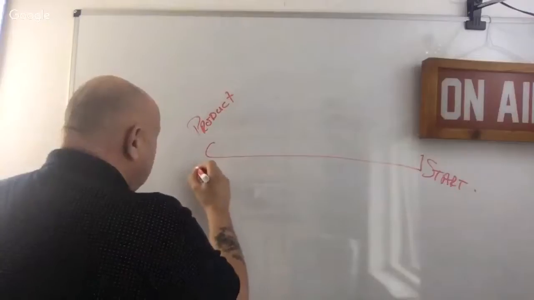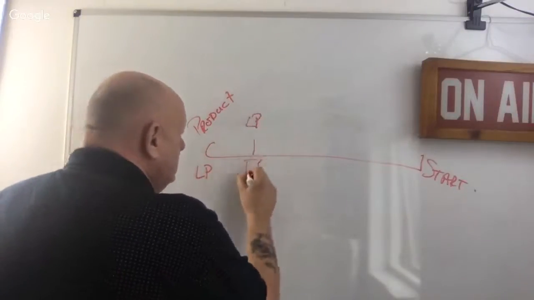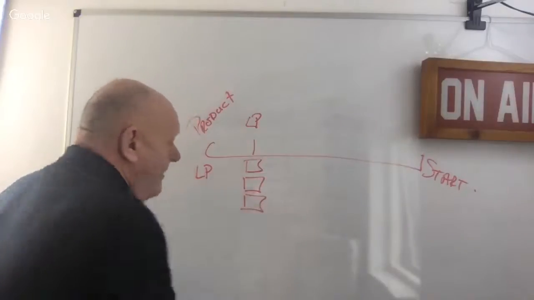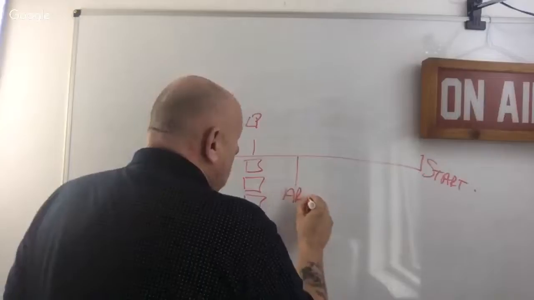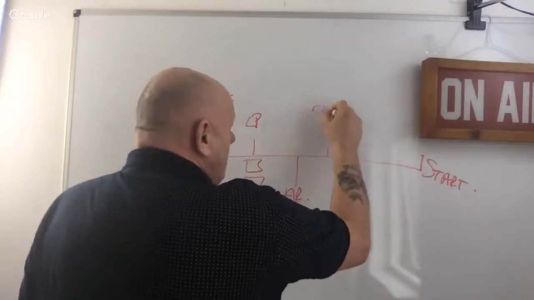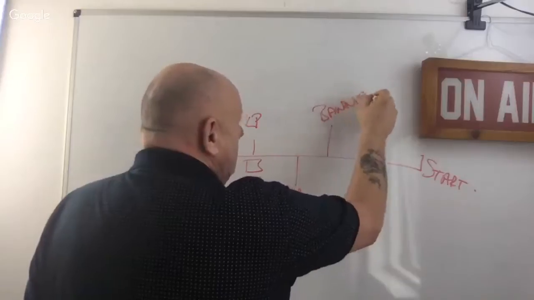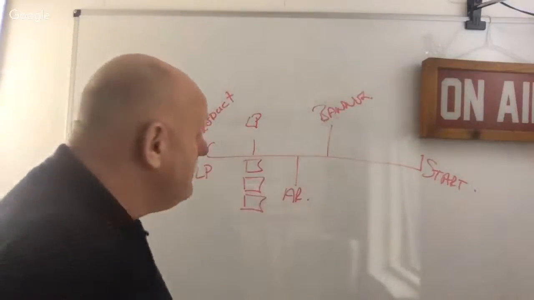So we know it's the landing page. The first thing we needed to set up was our landing pages. So hopefully you've set up about 3 landing pages. Then you needed to set up your autoresponder, okay? And then we've got things like banners that you would maybe have started building in the banner creator that you get access to completely free.